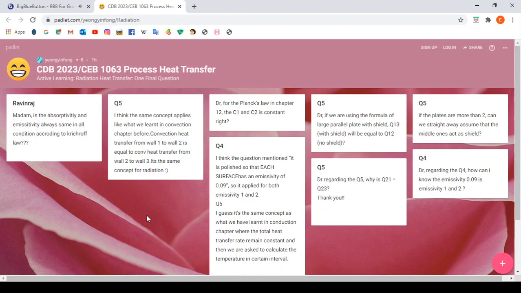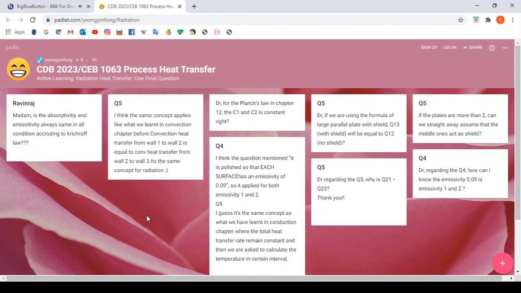Absorptivity and emissivity, will both be the same or not the same? Just now I answered. Both will be the same if the radiation source comes from the black body.